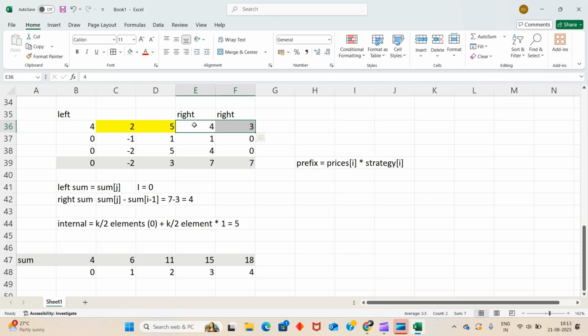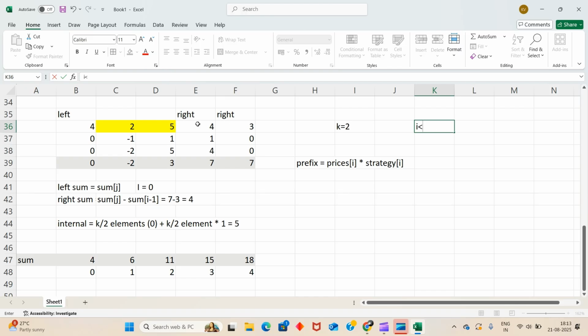So this will be my last. My k is 2. What is this index? 0, 1, 2, 3. So my starting point should be less than what? This. So i should be less than n minus k.